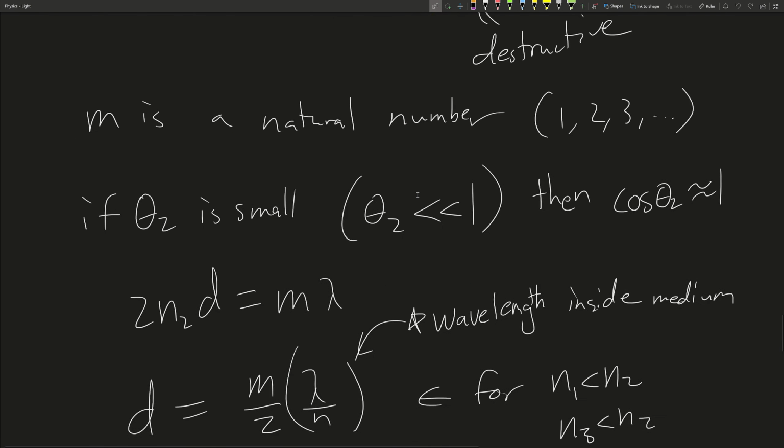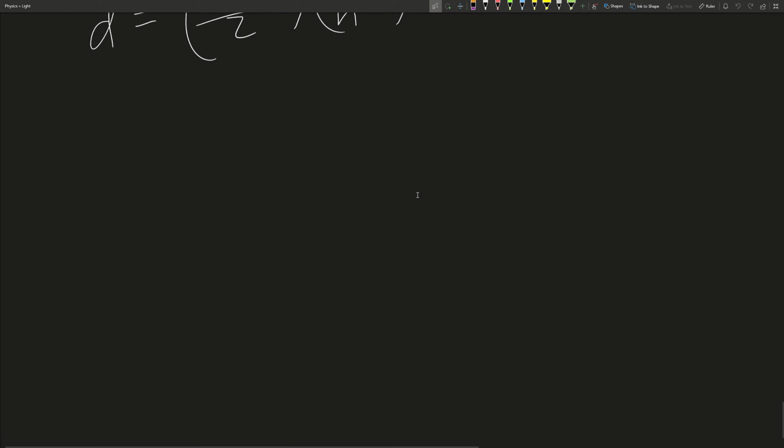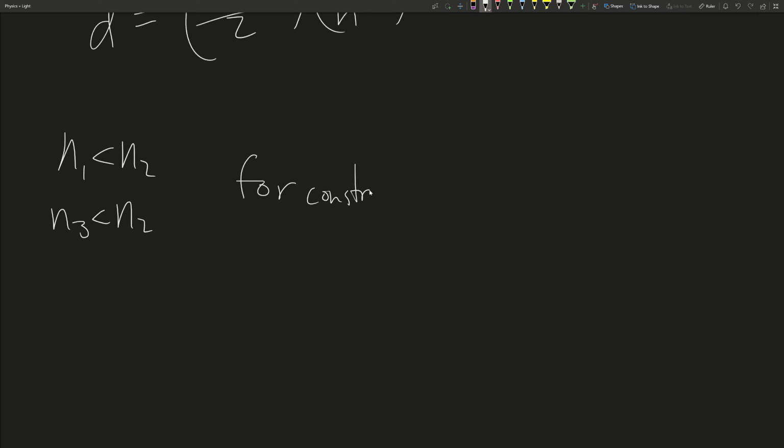So for constructive interference, if you have n1 is less than n2 and n3 is less than n2, for constructive interference, again, this is where it reflects brightly, you get 2 n2 d cosine of theta 2 is equal to m minus 1/2, so this is removing the effect of the inversion, times the wavelength.